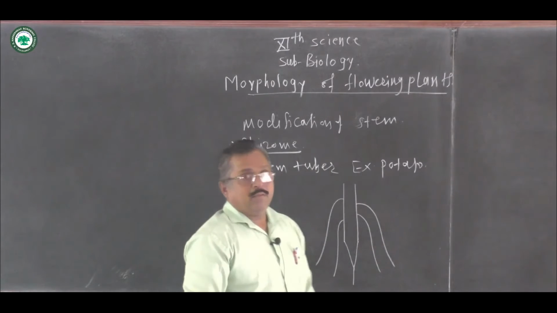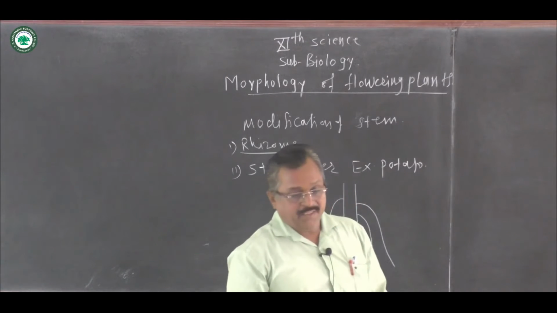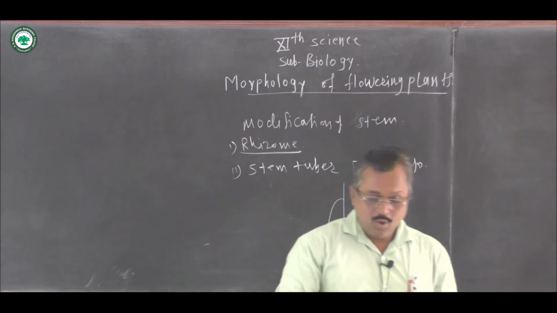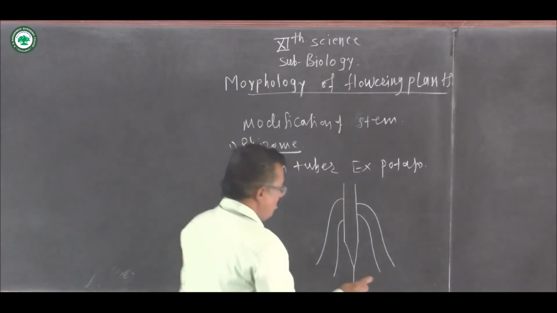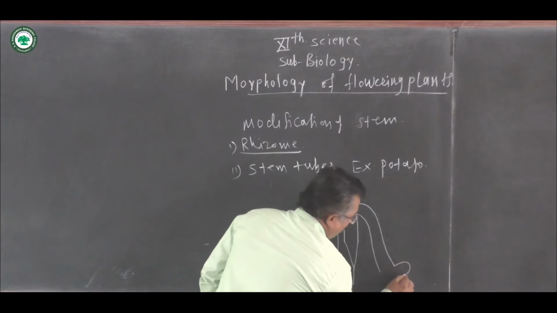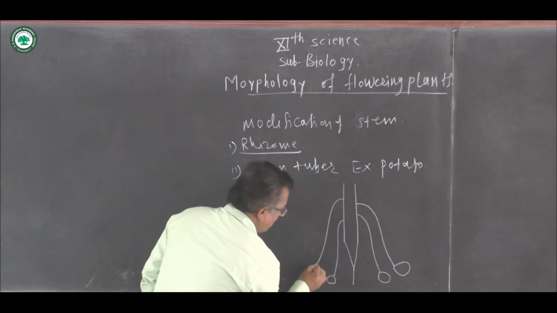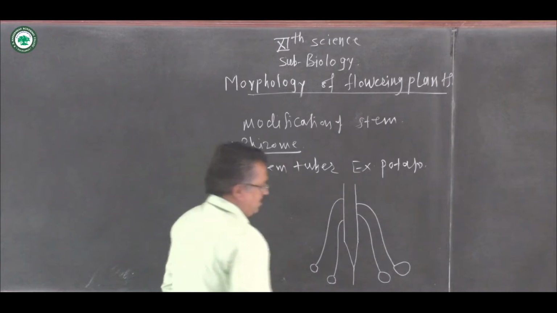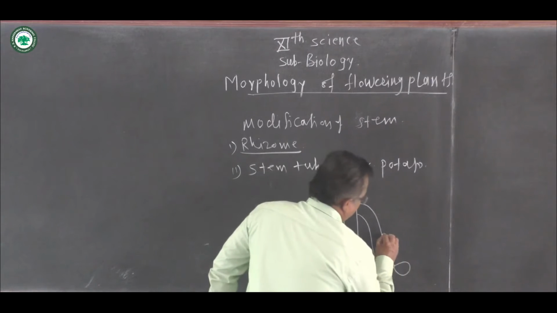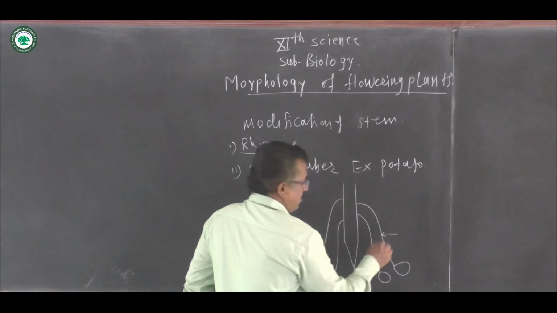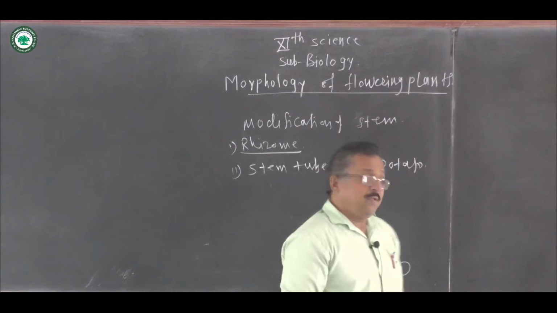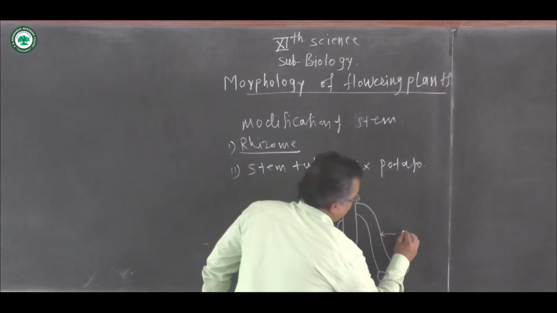The tips of the branches become swollen due to deposition of food in the downward growing special branches.